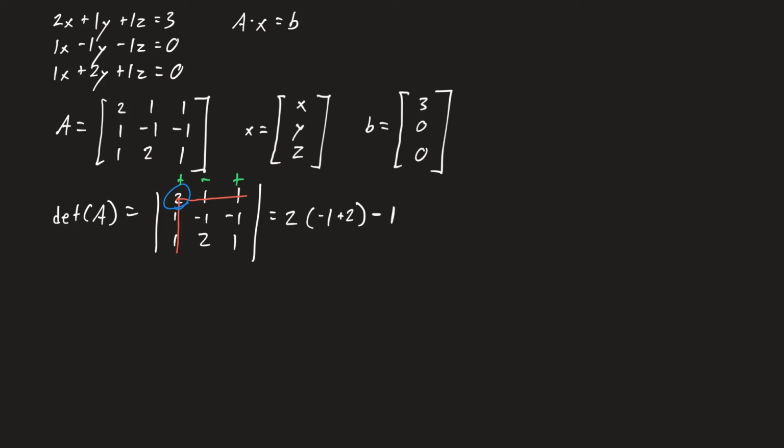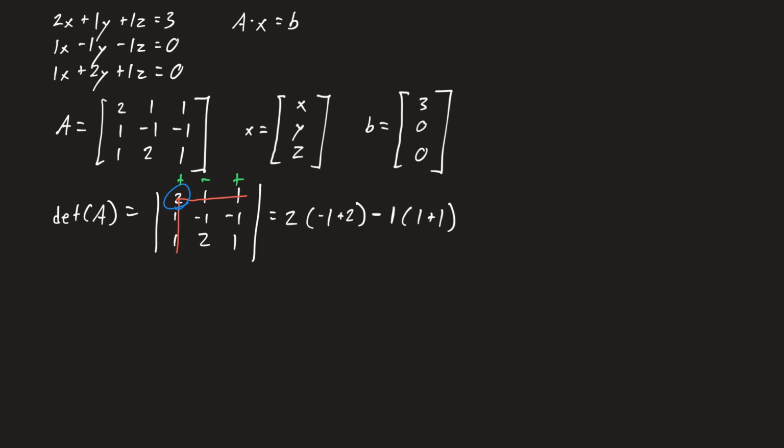Using my hack, it's going to be 1 times 1, which is a 1, 1 times negative 1, negative 1, and there's a negative sign, so that makes it a positive 1.